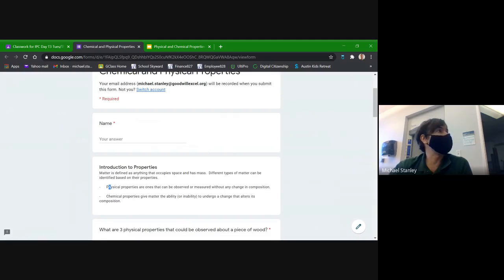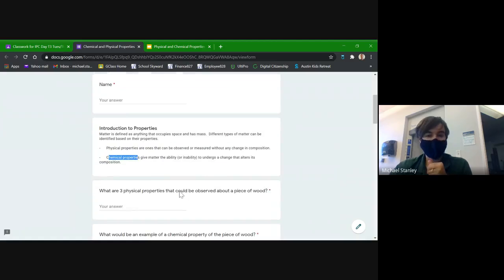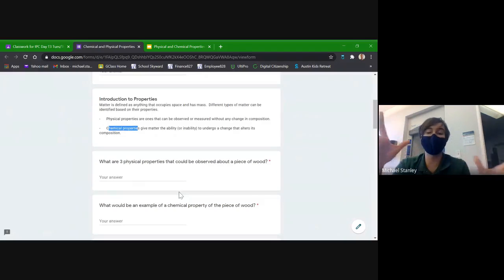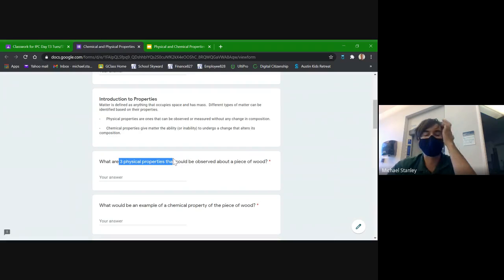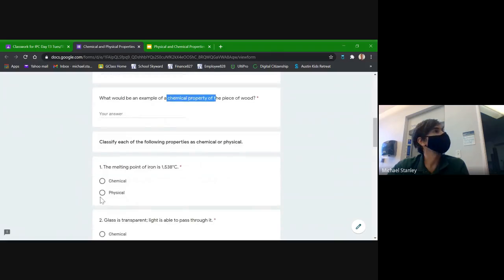So a little bit about physical properties and a little bit about chemical properties. So there's two parts. The short first part is asking, if you have a piece of wood or a big log in front of you, what are three physical properties that you could use to describe that log? And then what is a chemical property that you think that log would have? That would be the first part.